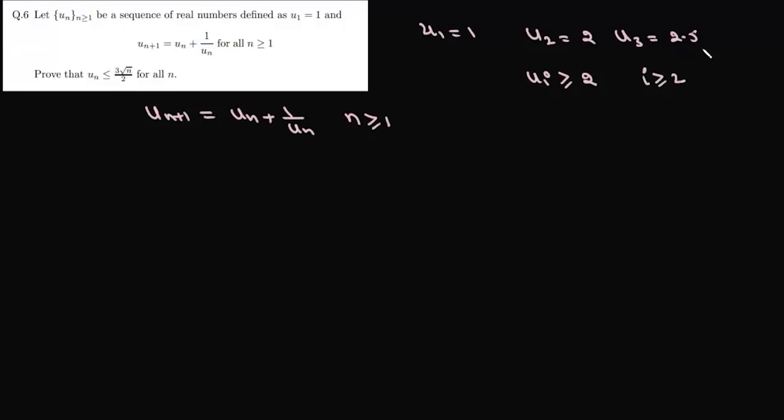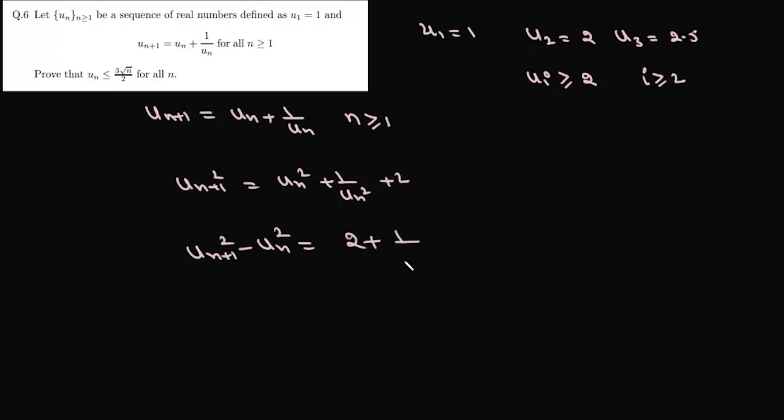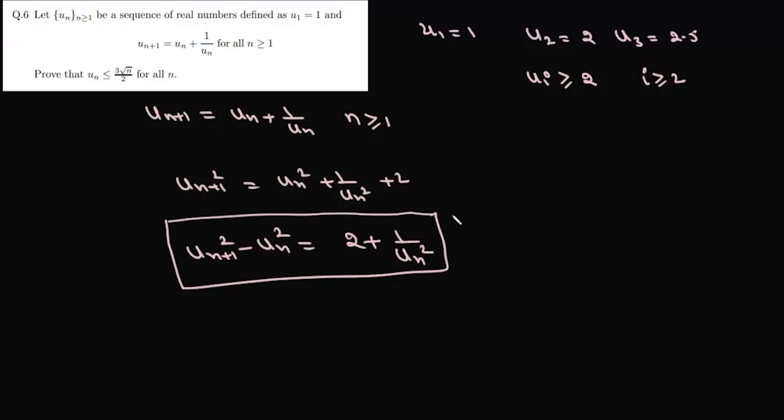Now what we are going to do is, we are going to write this as u(n plus 1) square will be un square plus 1 upon un square plus 2, or u(n plus 1) square minus un square will be equal to 2 plus 1 upon un square. And this is the iterative relation we are going to use for our telescopic summation. Since we need un, we are not going to start with n plus 1, we have to start with un.